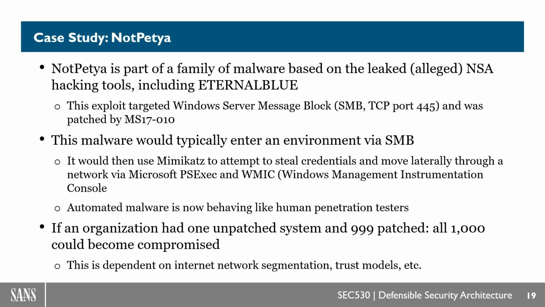Instead, what it did is it would find one asset, and if it was unpatched, it would compromise it. And if all the other 999 were patched, well, why be bound by vulnerabilities and exploitation? Instead, it would use Mimikatz, steal credentials from memory, and then pivot internally using either PSExec or WMIC.